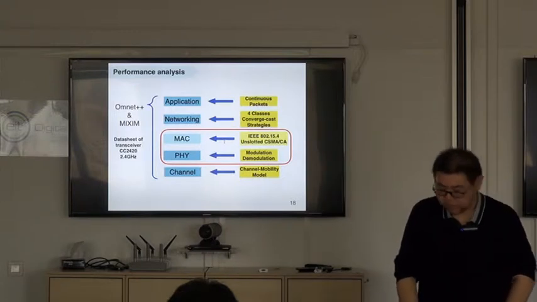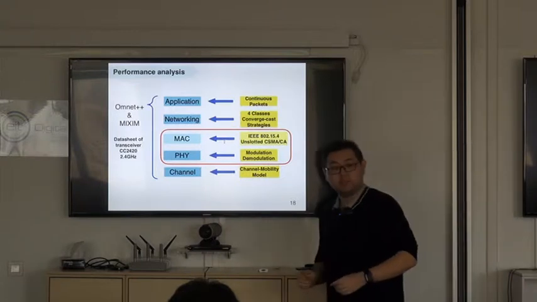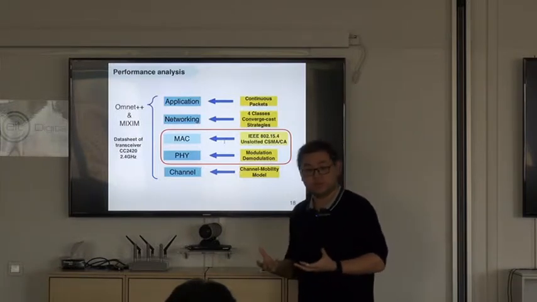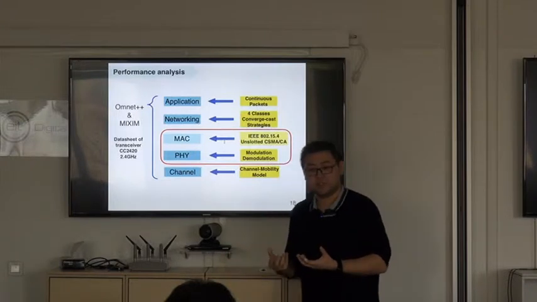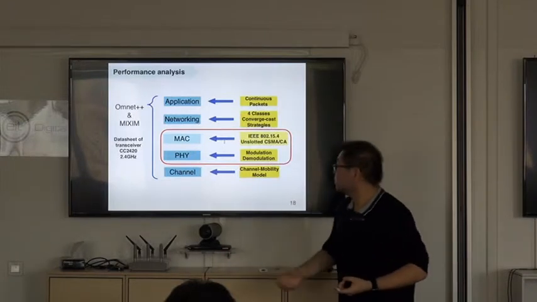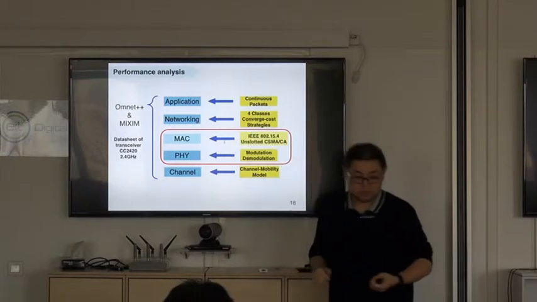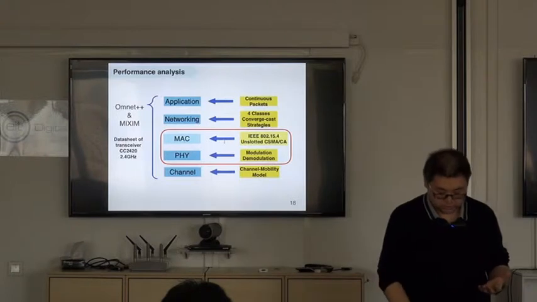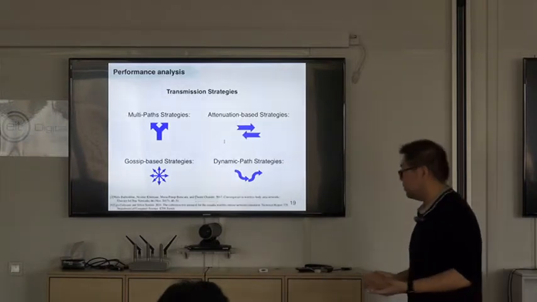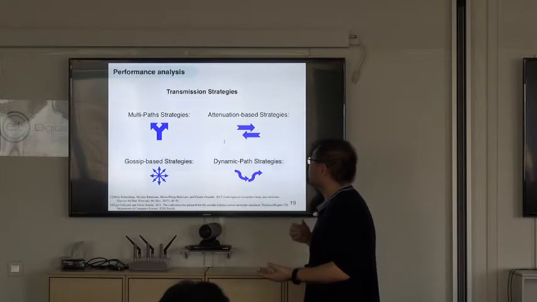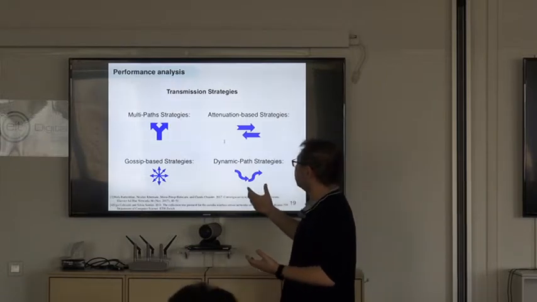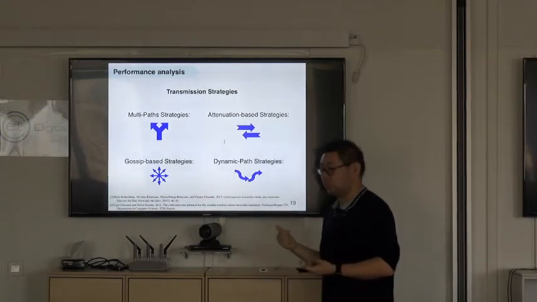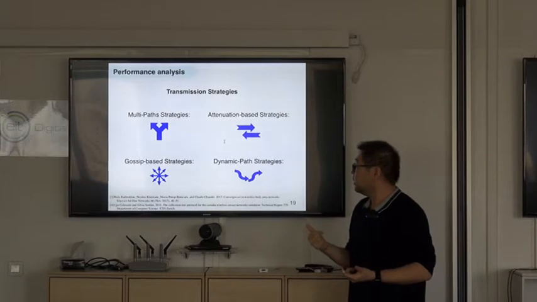At the networking level, because we are in a multi-hop setting, we need routing protocols. So we implement four different classes of converge-cast strategy: the multipath strategy, attenuation-based strategy, gossip-based strategy, and dynamic path strategy.